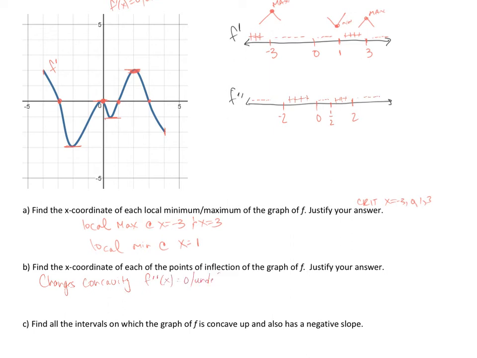We didn't have any undefined on this one, but we did have 0, so our possibles were at x equals -2, 0, 1/2, and 2. We tested them on the number line, and every single one of them worked. It changed concavity at each one of these spots. You could see negative, positive, positive, negative, negative, positive. So each one of these ends up being an inflection point.